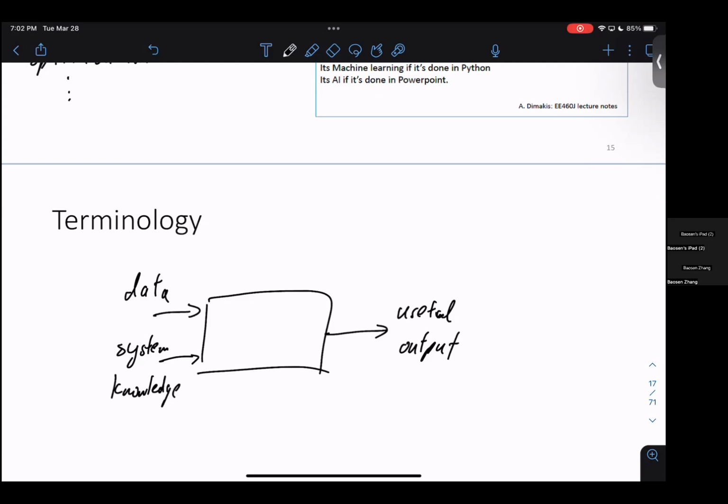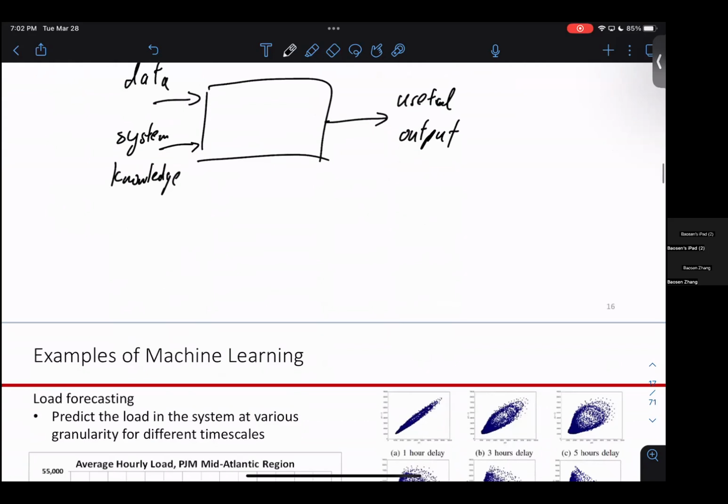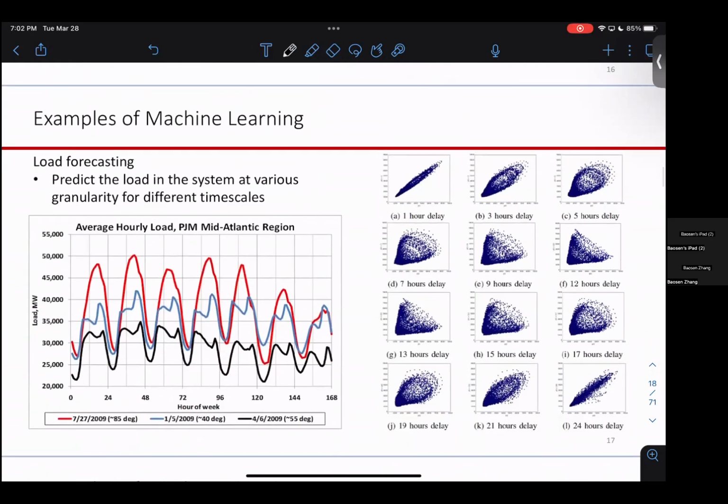Okay, so here are some examples of the different tools. This is again load forecasting, as we started talking about. There are different things you can look at. This is showing you the load, and this is showing the temperature dependence of the load.